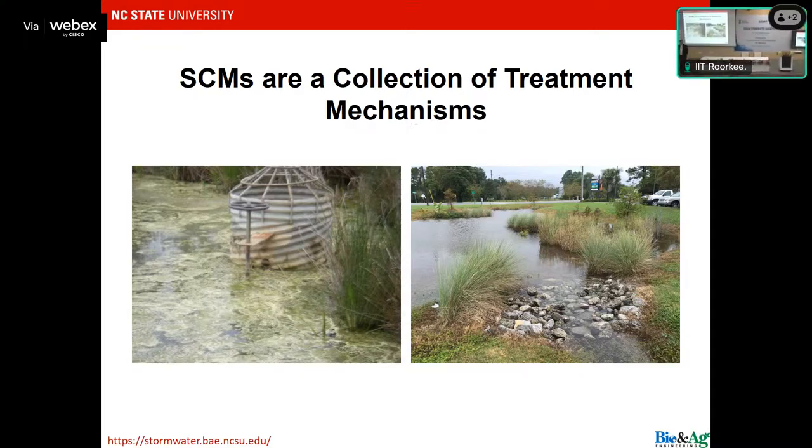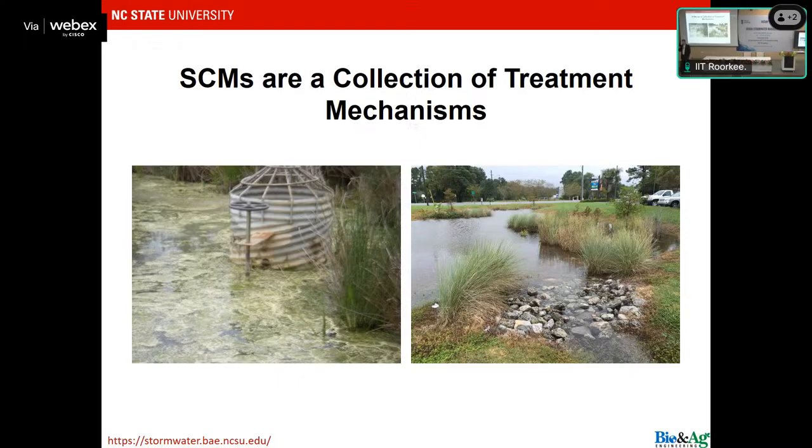I think it's actually a pretty good term. We used to call them best management practices, and that was not a very good term. You know why? Because a lot of them weren't any good. So how can you call something that's not good best, right? So now we just call them stormwater control measures, and I'm a big fan of that, all right?